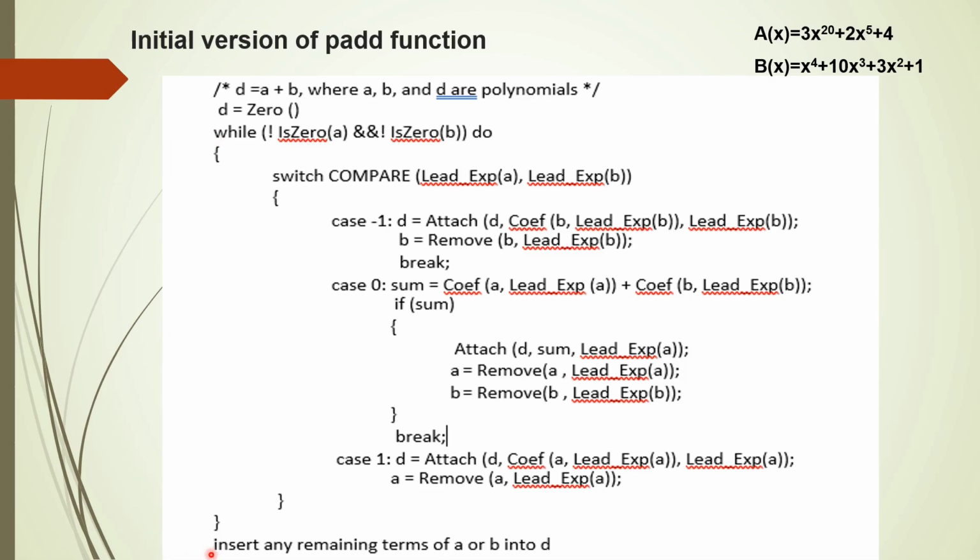By that time you have to insert the remaining terms, either from a or from b, into d. If both become 0 together, do nothing. If one polynomial becomes 0 and you have some terms in the other polynomial, then insert the remaining terms of a or b into d. This is how this polynomial addition function works.